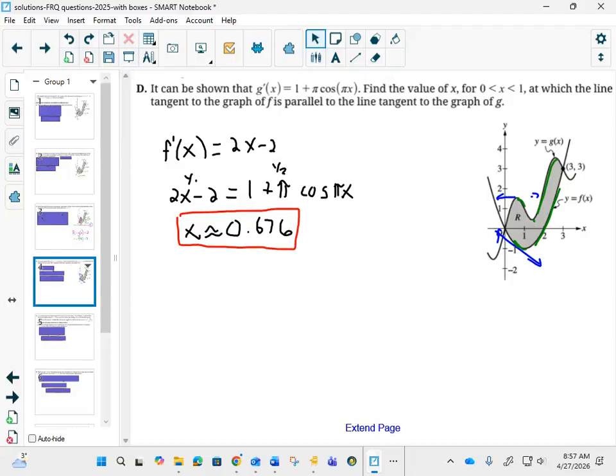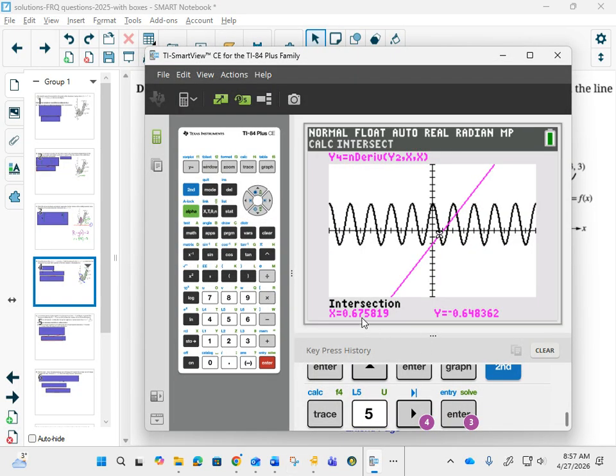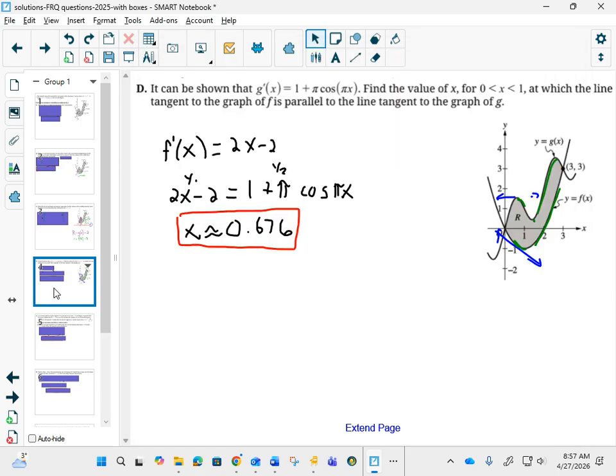Did I read it wrong? Oops. There we go. Yeah, 0.676. There we go. Kind of neat calculator tricks, eh?